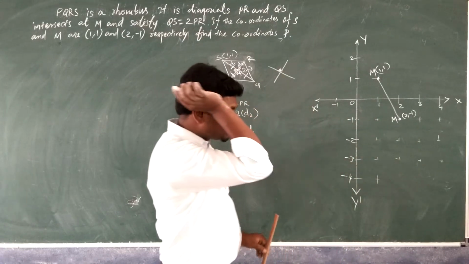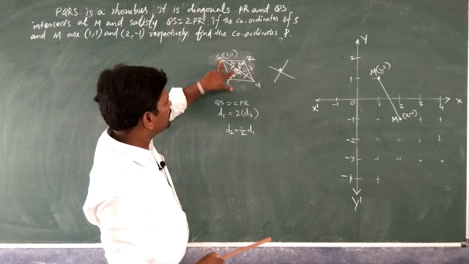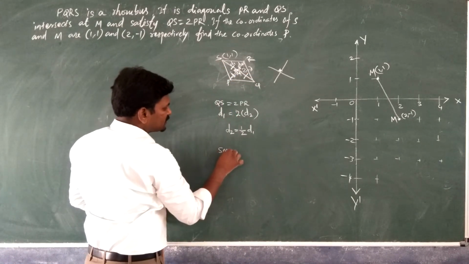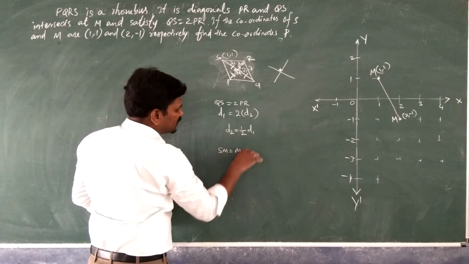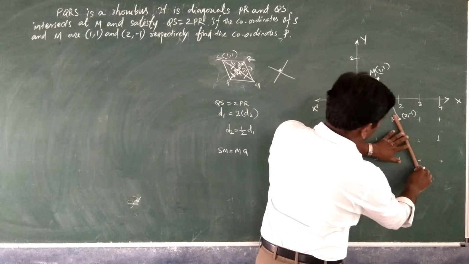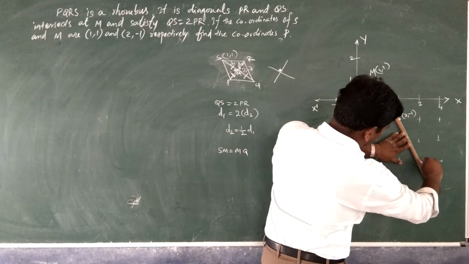This SM will be equal to MQ, so the Q will be here.